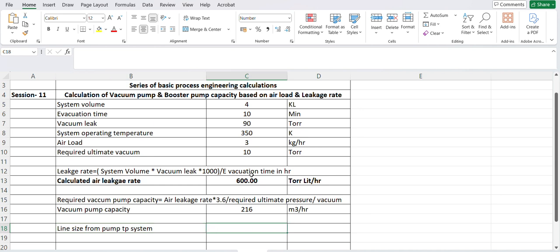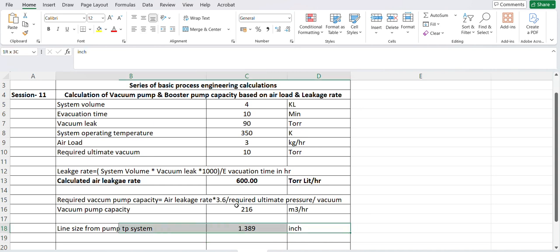To calculate this line size, we simply take the pump capacity, which we have already calculated, raised to 0.5, and divide by 25.4, and we get the line size in inch.